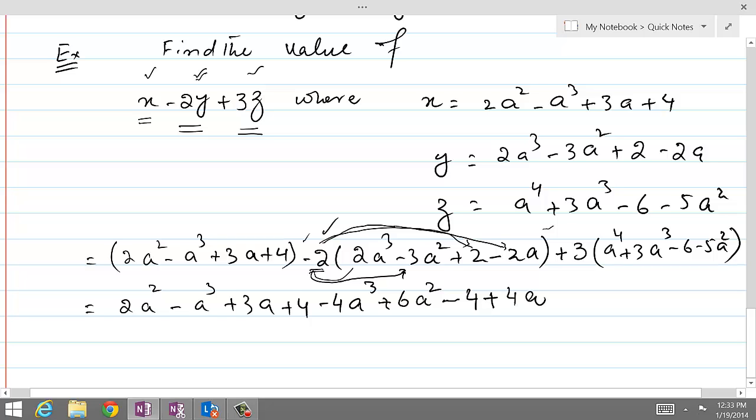Same thing, this number plus 3 will multiply inside the bracket with every term, sign with sign, number with number.